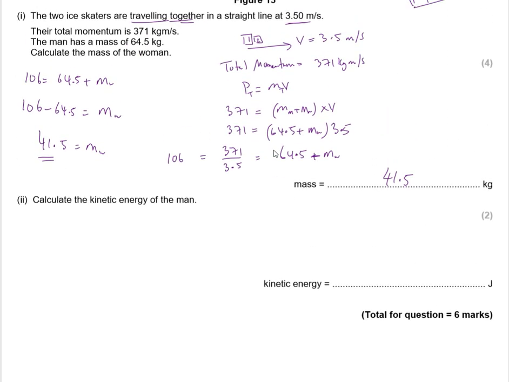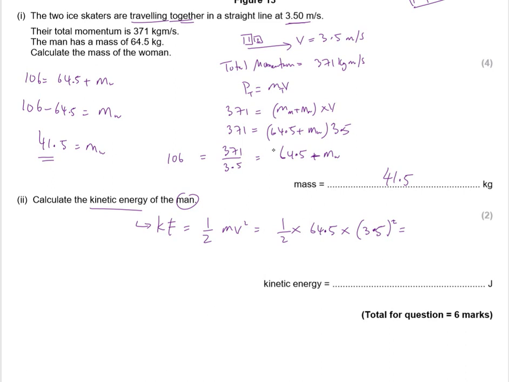Okay. Now in this question, we're looking for the kinetic energy. That's one of the equations which you guys need to remember. So kinetic energy is equal to half mv squared. Now half mv squared, we're looking for the man, so it's going to be half times 64.5 times the velocity squared.